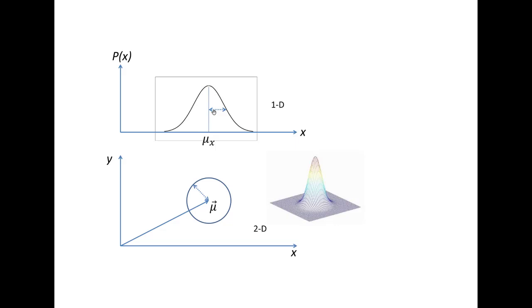Or in 2 dimensions, now x and y, we have again a mu vector this time, and this is the region of the same amplitude of the Gaussian. And if you want to plot it, this is how a 2-dimensional Gaussian would look like. And I'm sure you have seen these things before. Right?